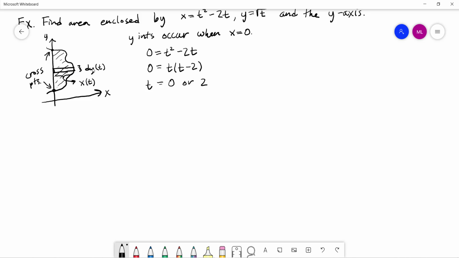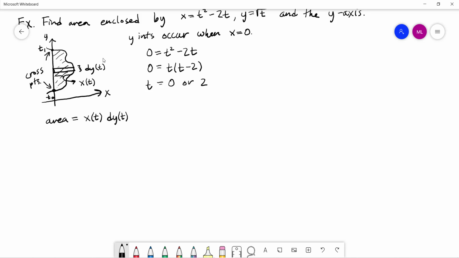The area of that little rectangle is x of t times dy, from some starting point t0 up to some endpoint t1.